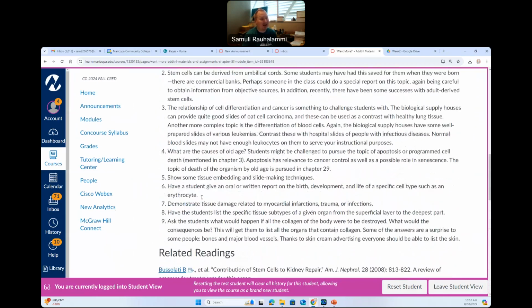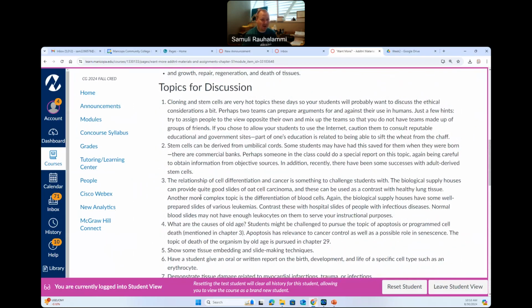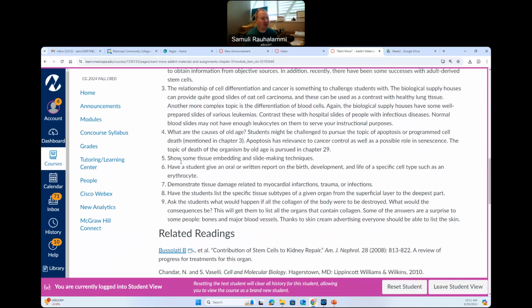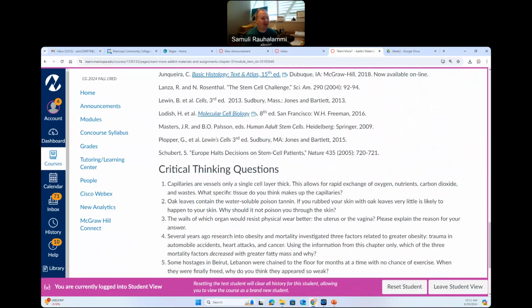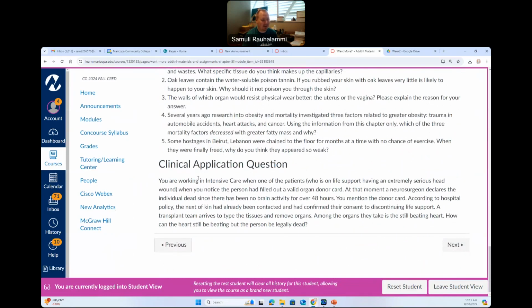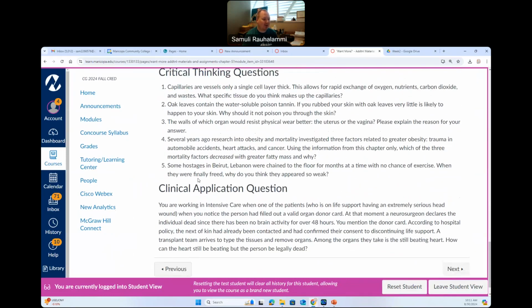Again, these are an additional resource, so they're not required, but to give you an idea of the points value associated with these Want More questions, my rule of thumb has been that if you were to answer all of the questions, so it would include the discussions, critical thinking and clinical application, and you answered all of those correctly and in sufficient detail, you do not need to write full essays, but more than just a yes or no, a little bit more than that.